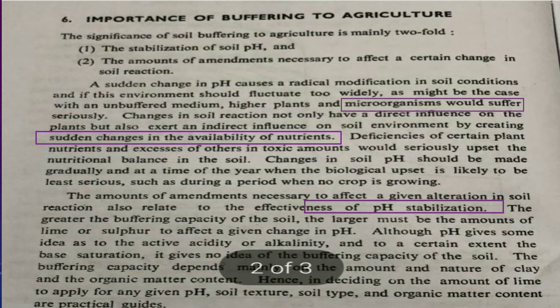Buffering capacity. Although pH gives some idea as to the active acidity or alkalinity, and to a certain extent the base saturation, it gives no idea of the buffering capacity of the soil. The buffering capacity depends mainly on the amount and nature of clay and the organic matter content.